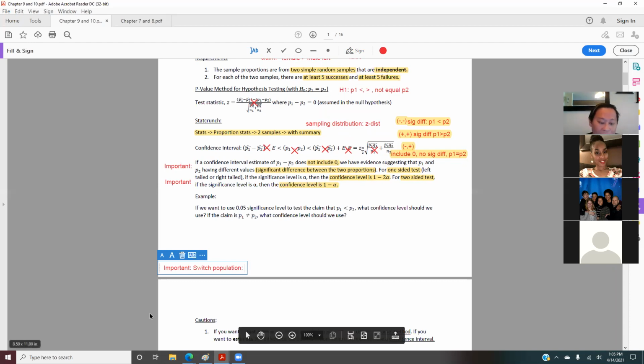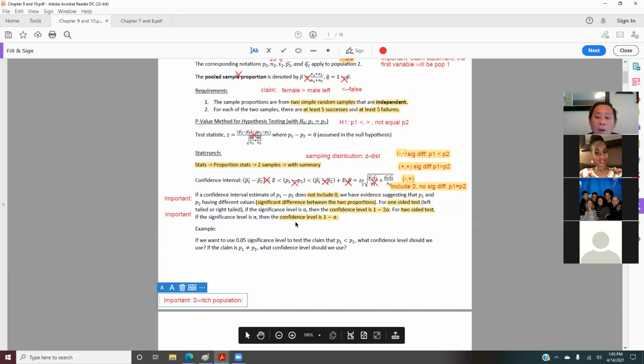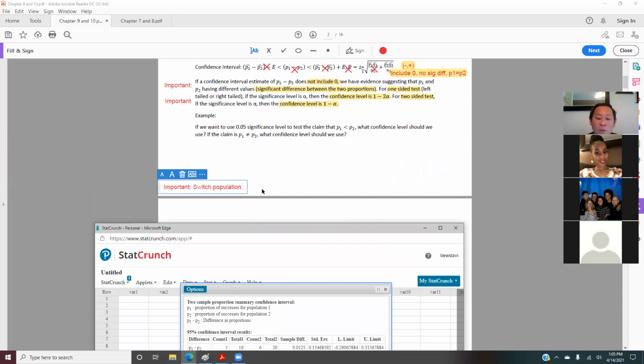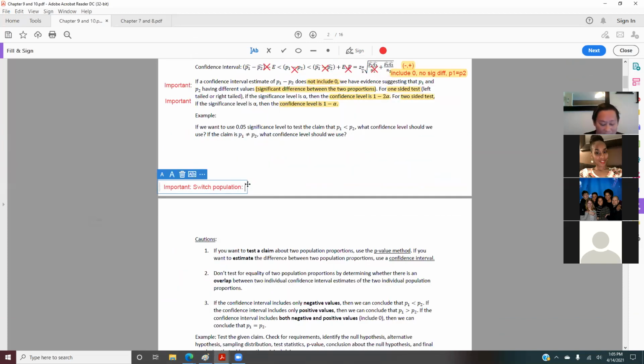Let's say the confidence interval that we found here has female as the first one and male as the second one, right? This is the confidence interval here. What happens if I switch the population around? Now population 1 is male and population 2 is female. So let's say that population 1 is female and population 2 is male.